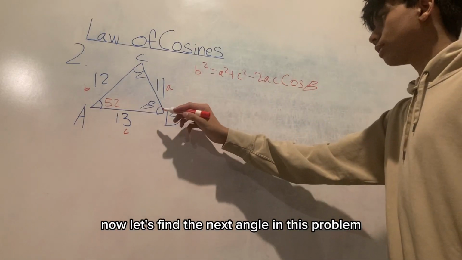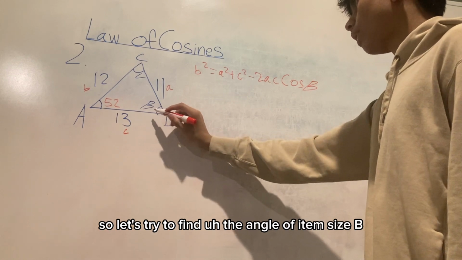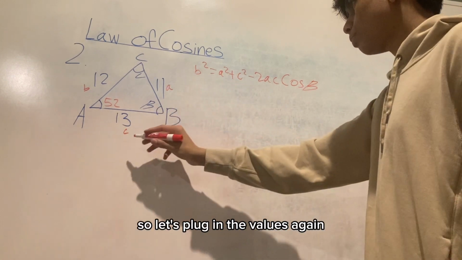Now let's find the next angle in this problem. So let's try to find the angle of italicized B. So let's plug in the values again.